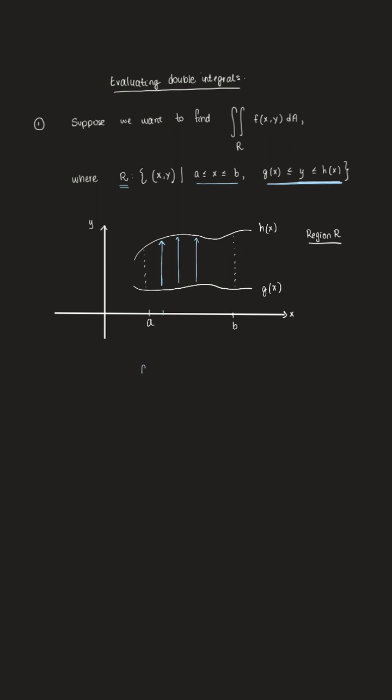So we would set this up as the integral from our lower function g of x to our upper function h of x for y, and then this is f of x, y, dy, and this part means we hold x constant and integrate with respect to y first.